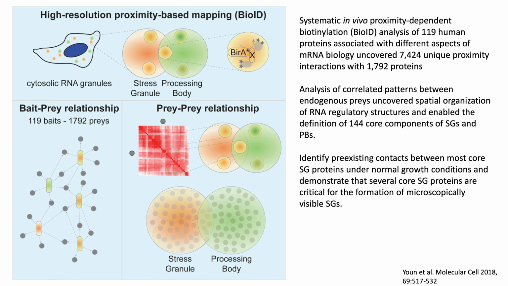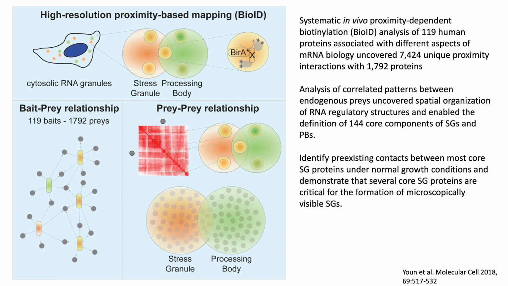Analysis of the correlated patterns between the prey uncovered spatial organization of RNA regulatory structures and enabled definition of core components of both the stress granules and the processing bodies.